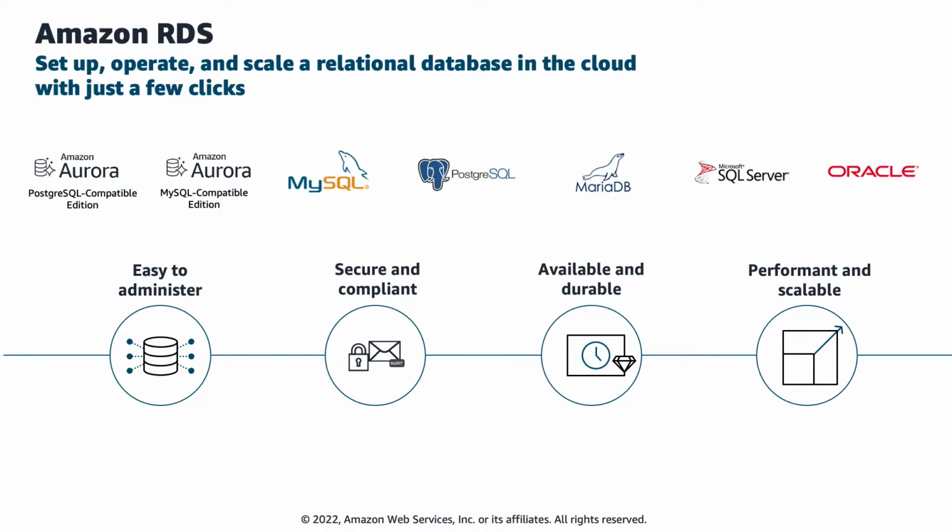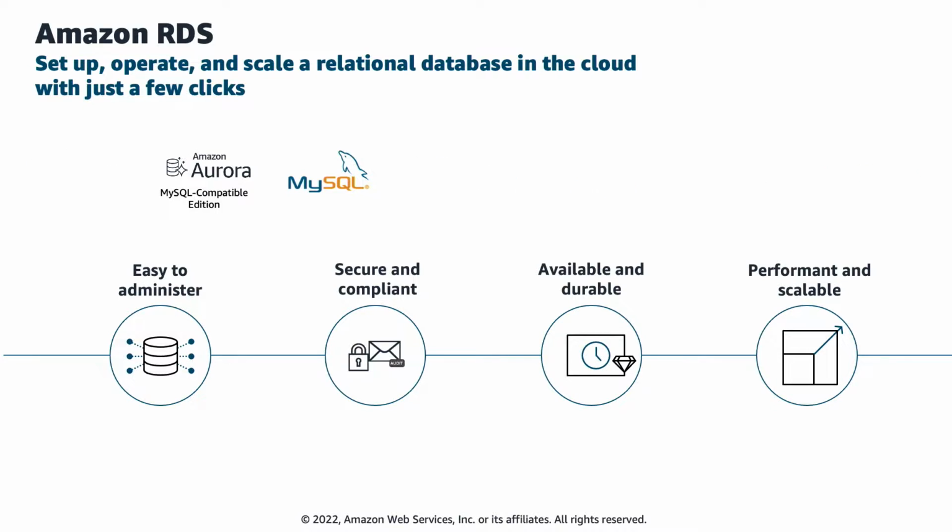So Amazon RDS, for a quick introduction, you probably all know this. Amazon RDS allows a customer to start a database in the cloud. I'm working on the MySQL part of that: RDS MySQL, MariaDB, and also Amazon Aurora.